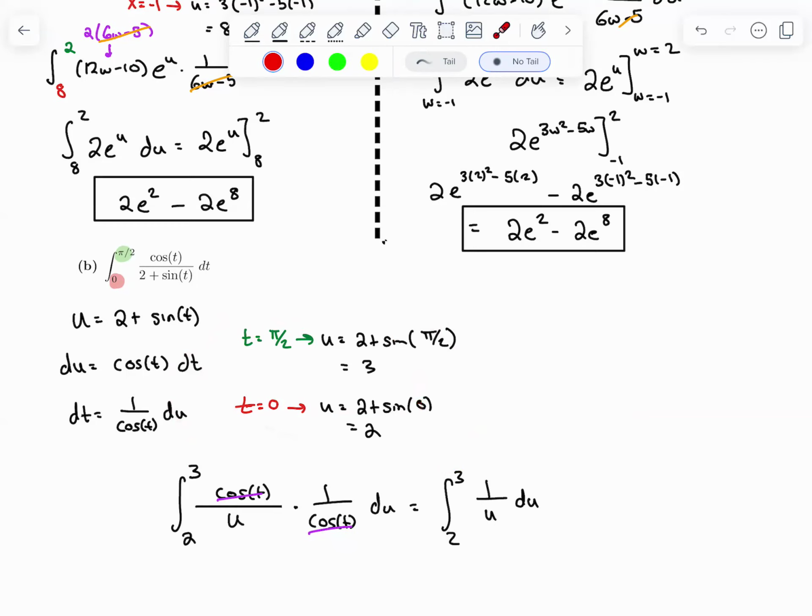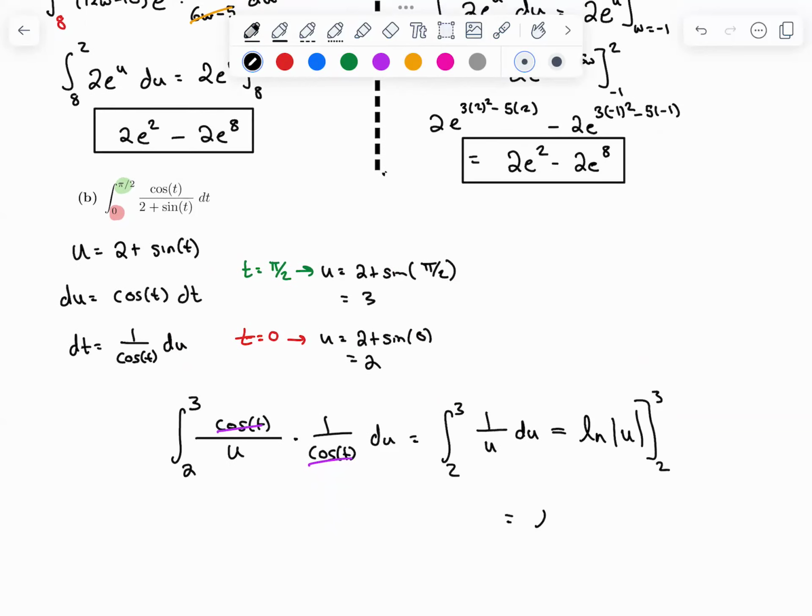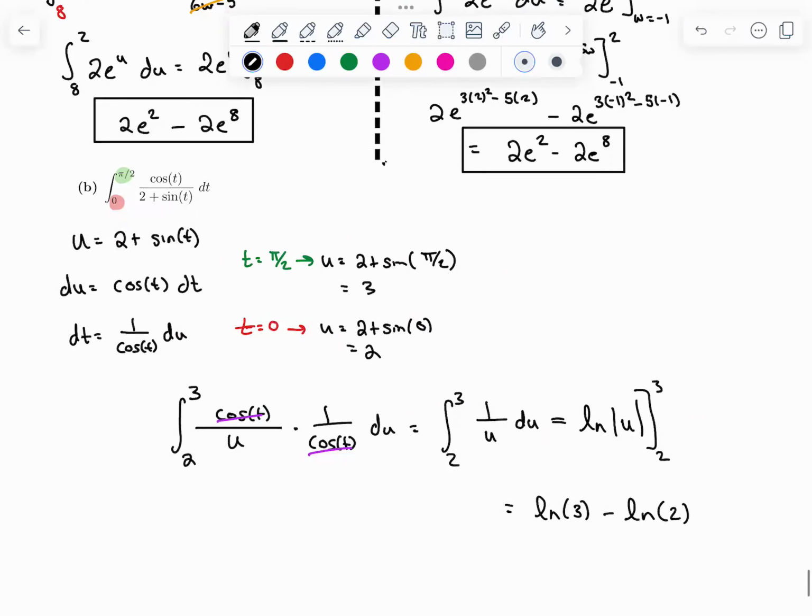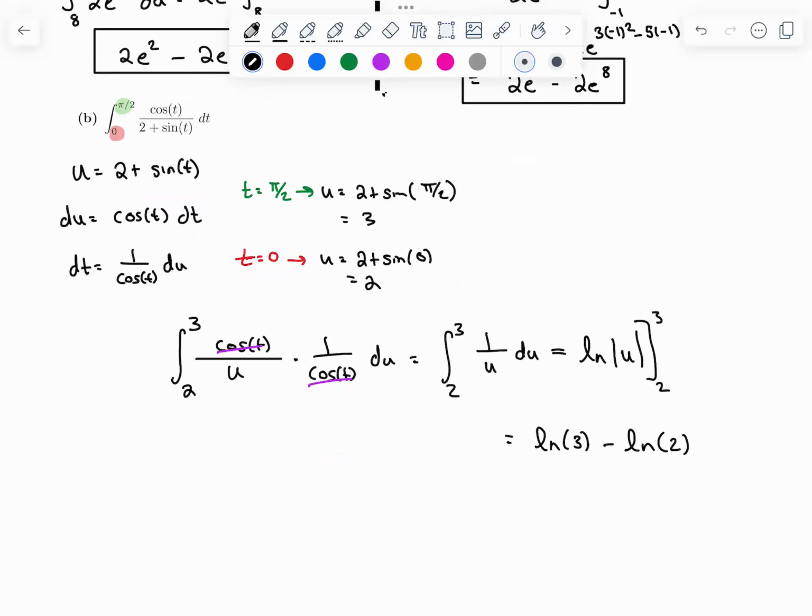So those are u bounds. So this becomes natural log of the absolute value of u evaluated from 2 to 3. And that would just be natural log of 3 minus natural log of 2. Or if you really want to be cheeky on the exam, you could write natural log of 3/2, because of the properties of logarithms.